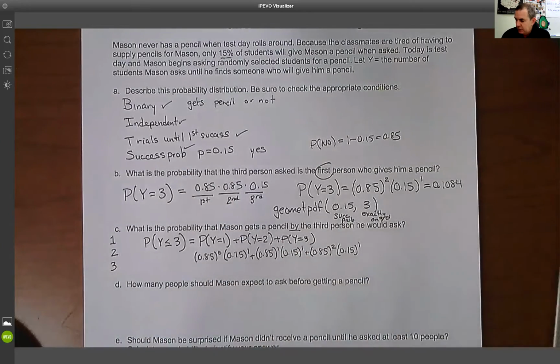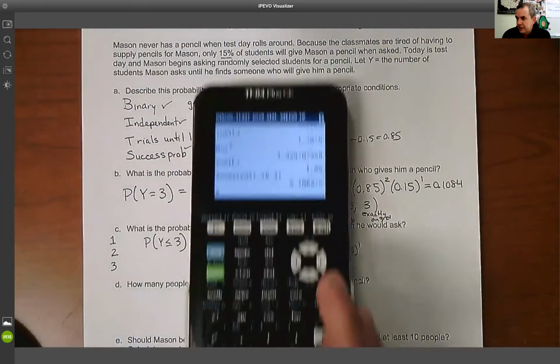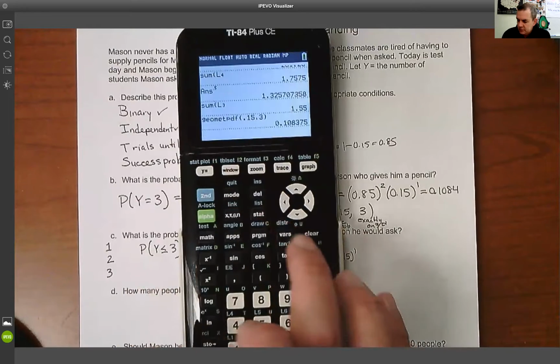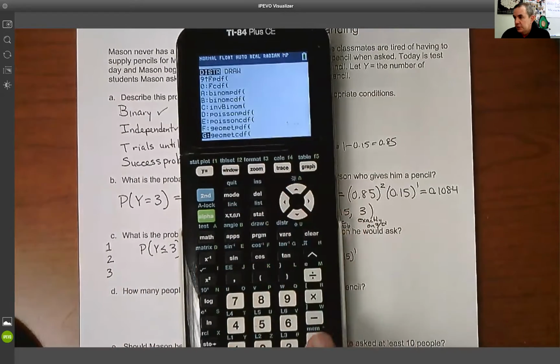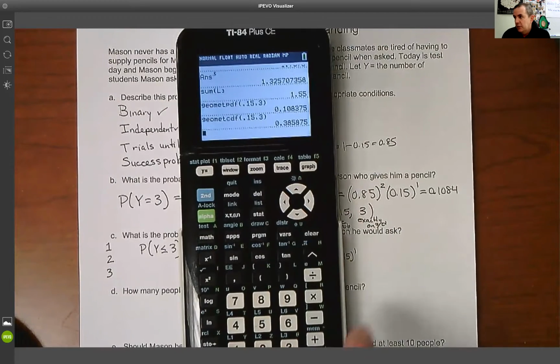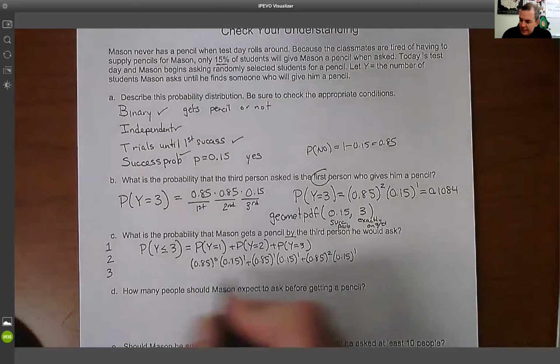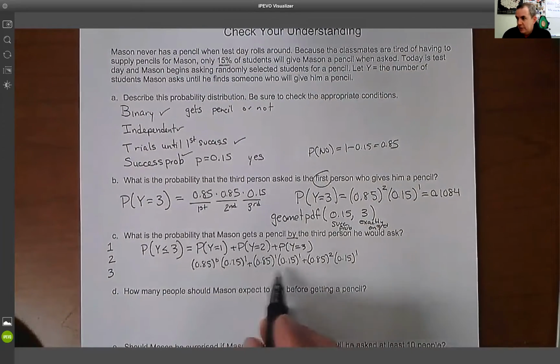In the calculator, you're going to go back to second bars, and we're going to do geometric CDF, 0.15, 3. So we put the same numbers in, but when we do it, it's going to add up all of these numbers.